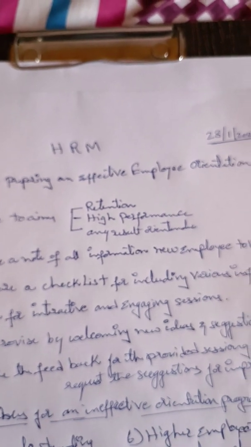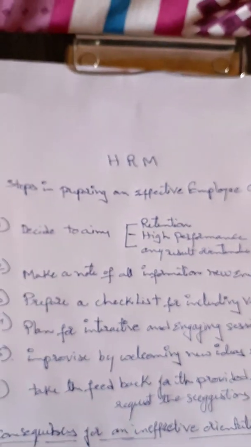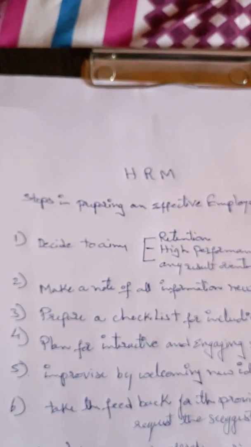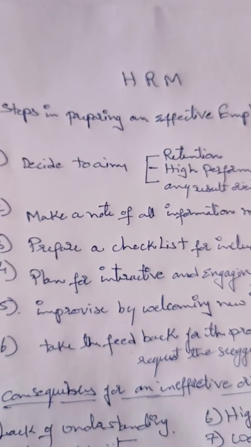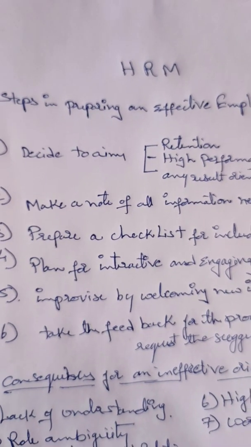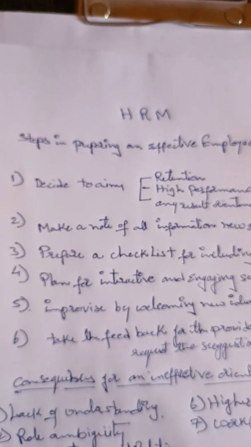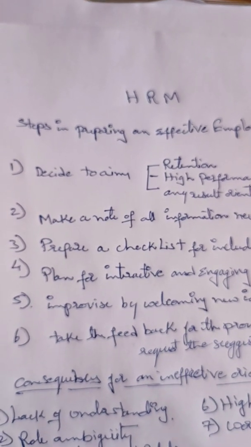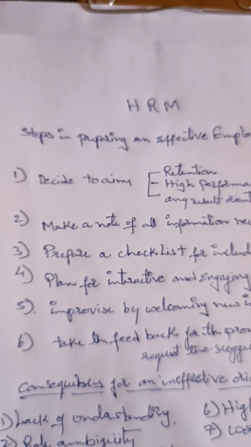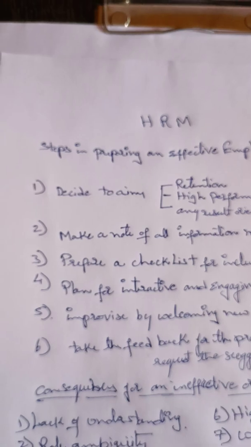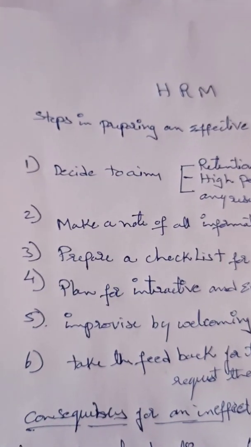We have to provide all that information, either orally, or provide him with the written prospectus, or any standard instructions that we have to give to him. We have to collect all that information and give it in the orientation program.